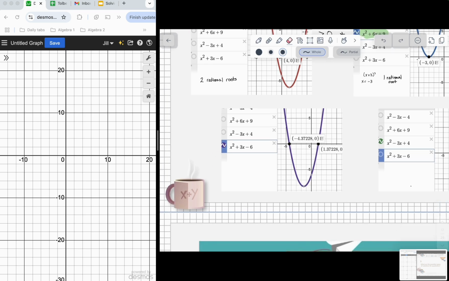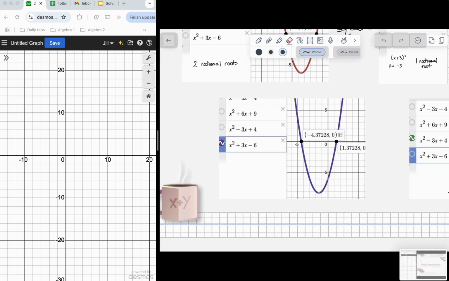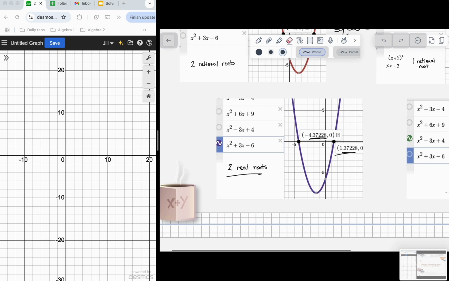Then you can have a situation where you clearly have 2 distinct roots, but when you work through the quadratic formula, it ends up being an irrational number. So the number under the square root, the radicand, does not simplify fully. And so you don't have rational roots, you just have 2 real roots.